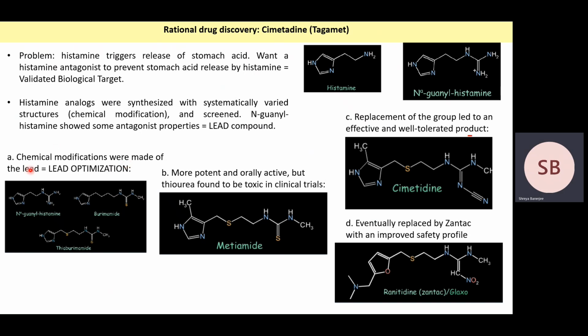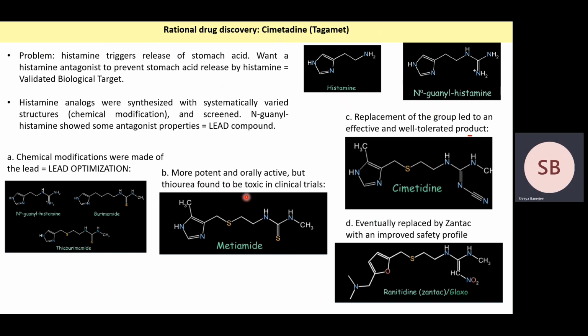Then after this lead optimization was done, the next step was to find which is most potent and orally active, and that was metiamide. But the problem was this thiourea group that is there, NH single bond C double bond S single bond NH. This thiourea group is toxic. It was found to be toxic in clinical trials.